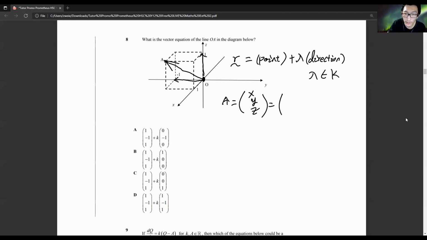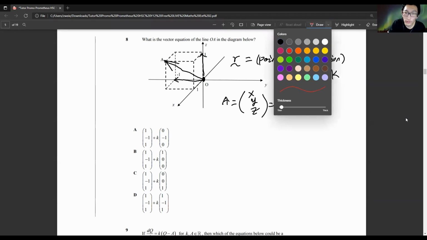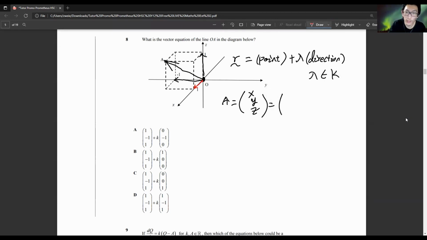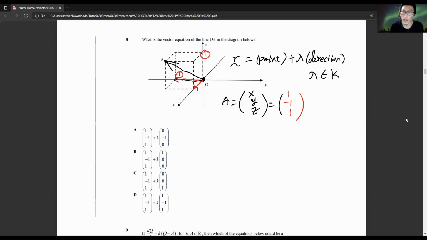Maybe let me rub this out so everyone can see. I'll use a different color. So over here, x is 1. Our y over here, we're going towards the left, and we can see it is indicated by a -1. And lastly, our z is indicated by a +1, okay? Indicated by the +1 over here. This is my point A. I got my point now.